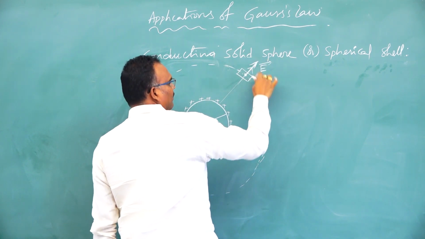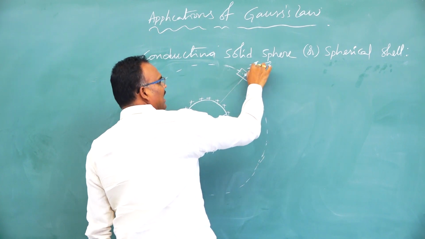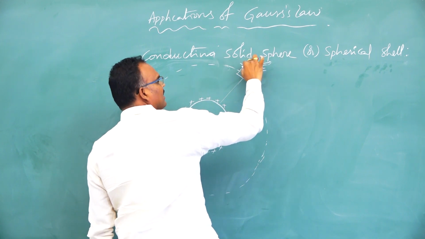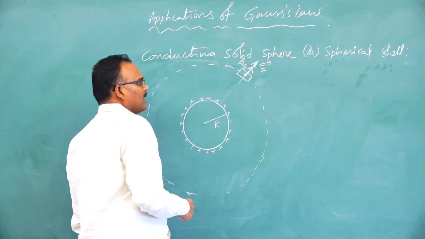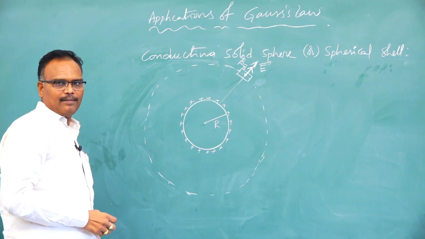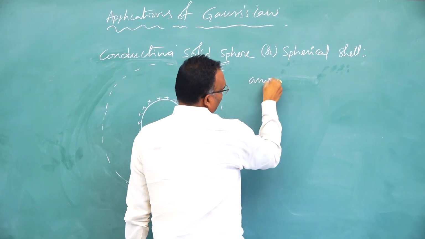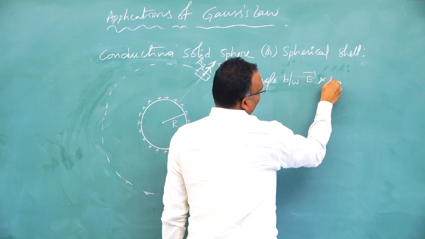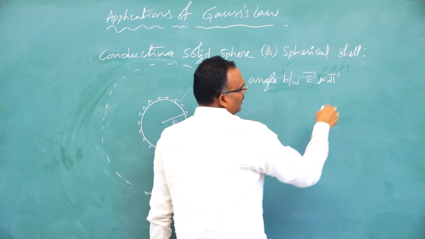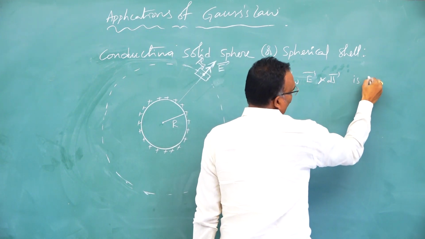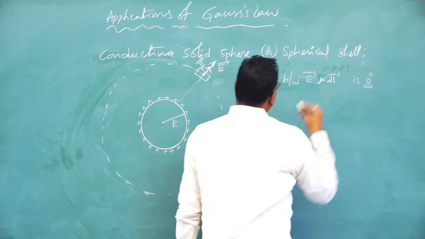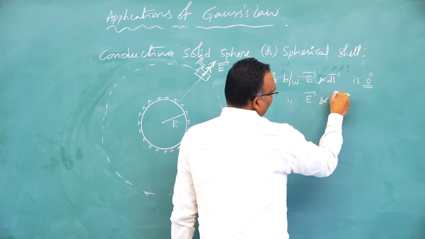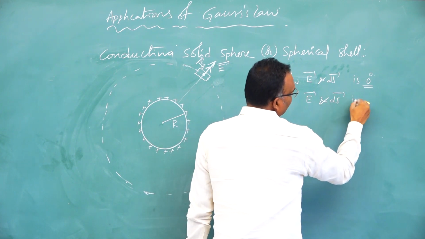The ds bar area vector is perpendicular to the surface and outwards. That means ds bar is also in the direction of the electric field. The angle between E bar and ds bar is 0 degrees, or else the angle between E bar and ds bar is 90 degrees.